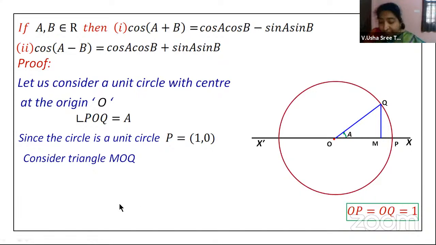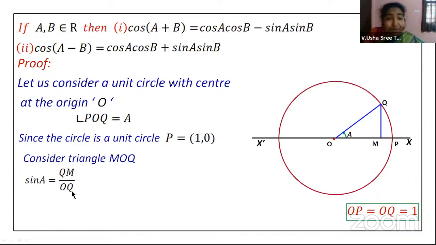Then we will take sine A. The sine A formula is opposite by hypotenuse. That means QM by OQ. But what is OQ equal to, children? OQ is equal to 1.